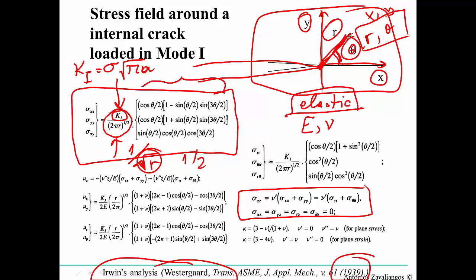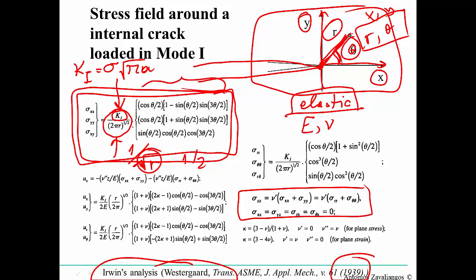Just keep in mind that every stress in the vicinity of the crack tip, first of all, is proportional to 1 over square root of r, and therefore it becomes very high as the position of the point that we are considering goes close to 0.